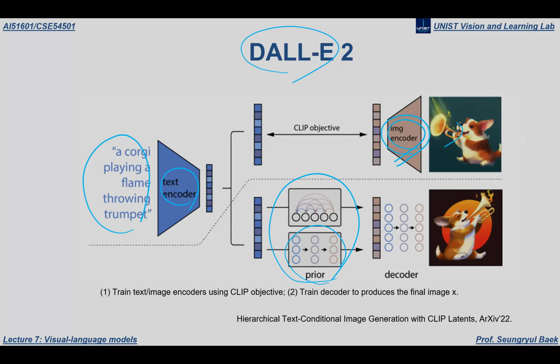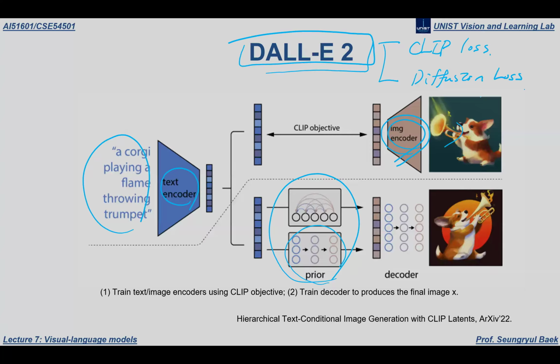So actually, DALL-E version 2 uses CLIP loss and diffusion loss. That's why this DALL-E version 2 works better than DALL-E version 1.